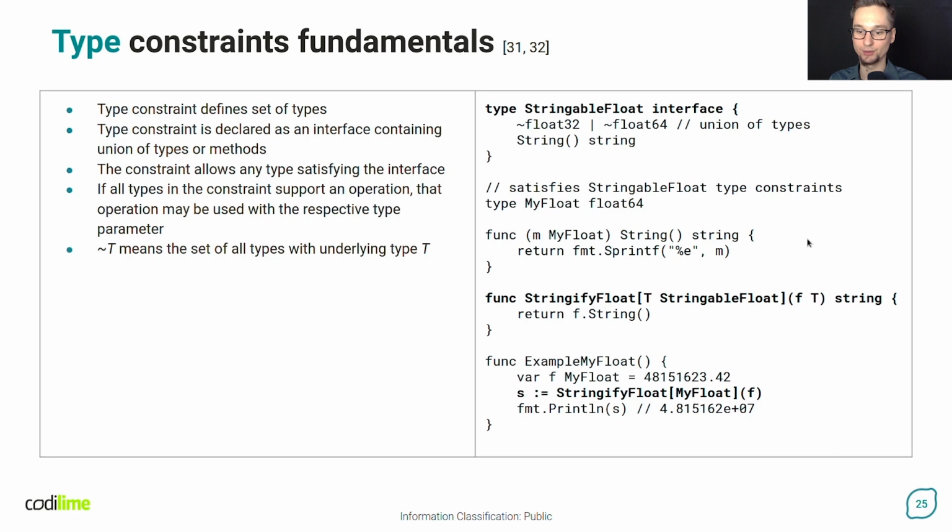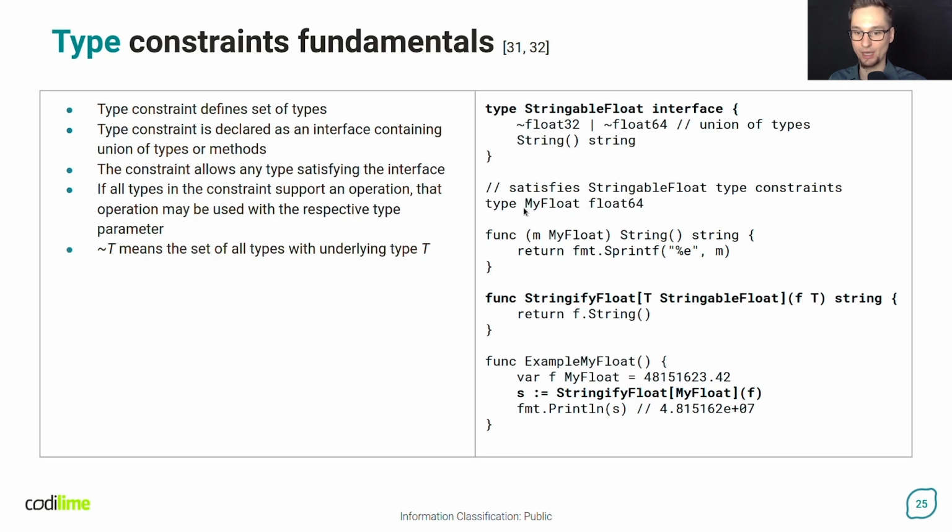And the new version of Go introduces this tilde sign, and it means that the constraint allows not only this type but also types which have an underlying type of float64.